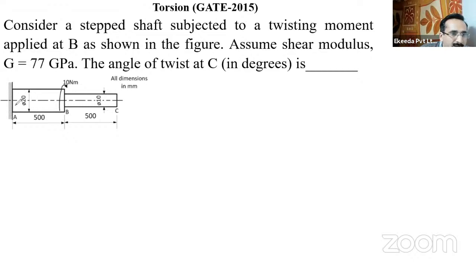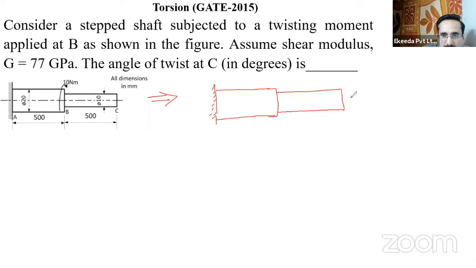Now, it has two parts. It has similarity with the simple stresses case. Suppose we have a bar, we can compare this question with our simple stress questions: a stepped bar is there and an axial load P is applied here.